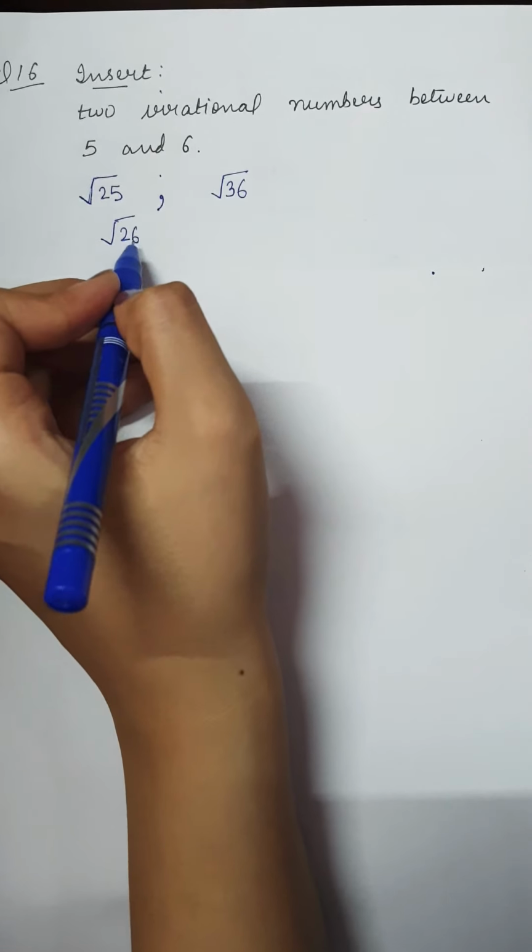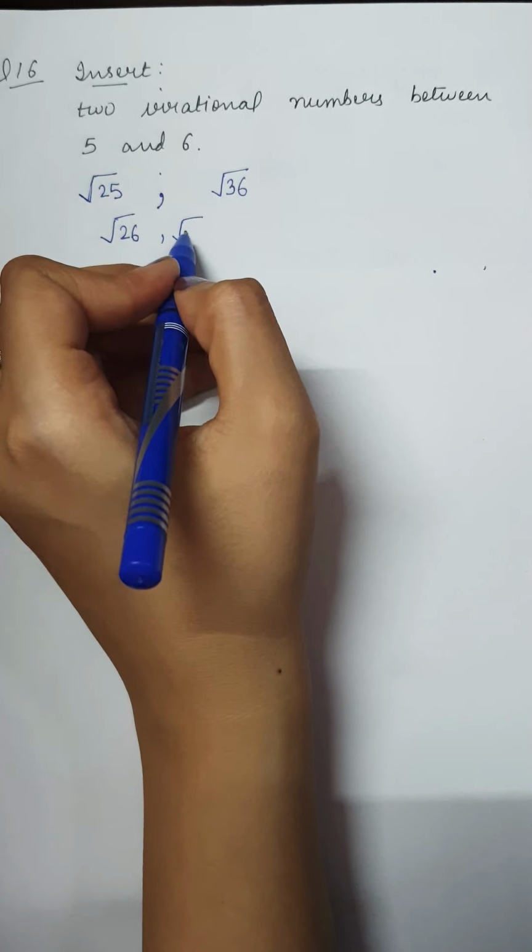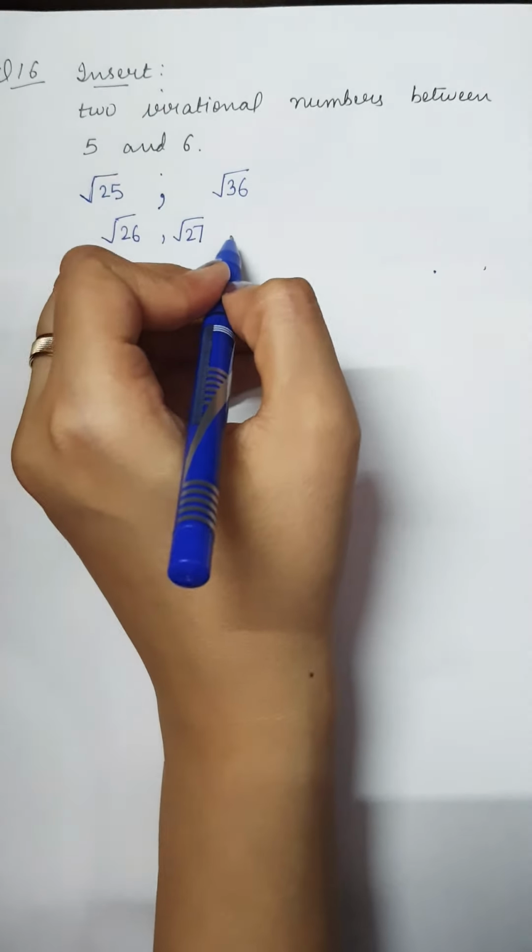Under root 26 is irrational. Under root 27 is irrational.